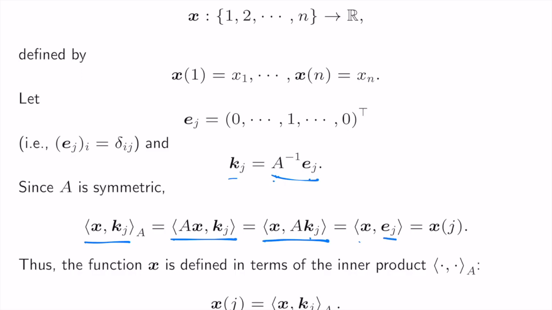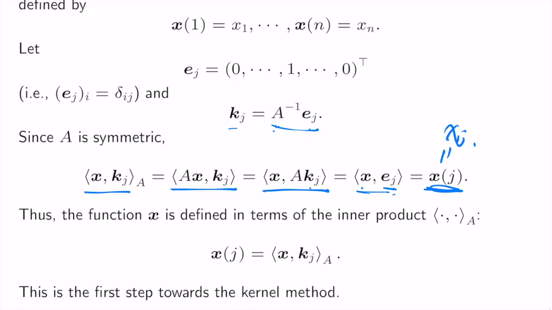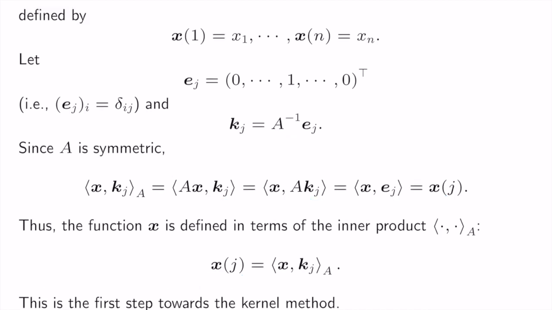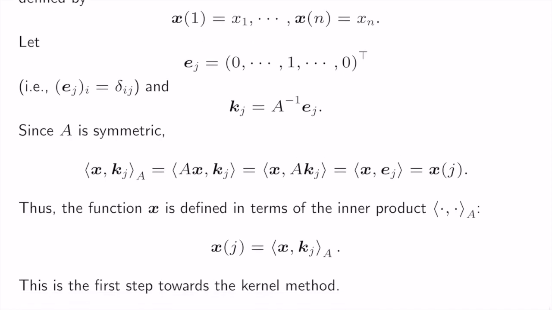And if we multiply these two vectors, then we get only the jth element of x, which is x_j. So what this tells us is that function application can be considered as an inner product. This change in the point of view is the first step towards the kernel method.